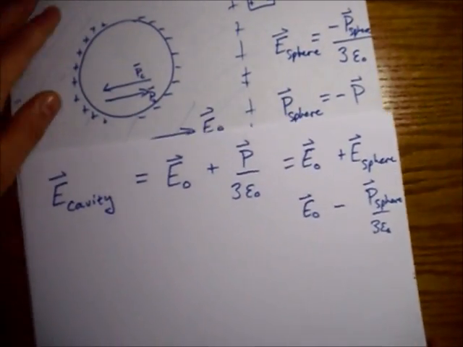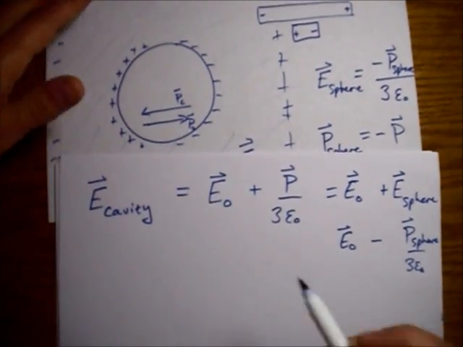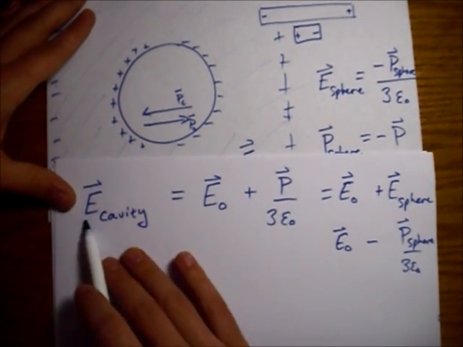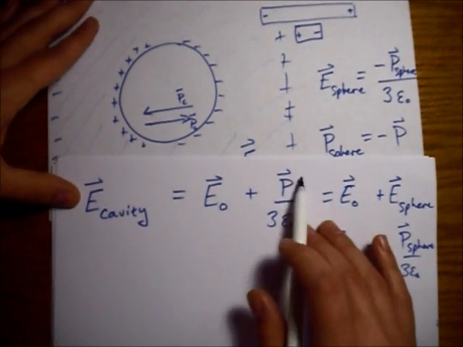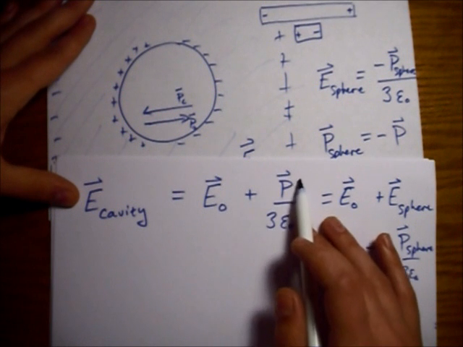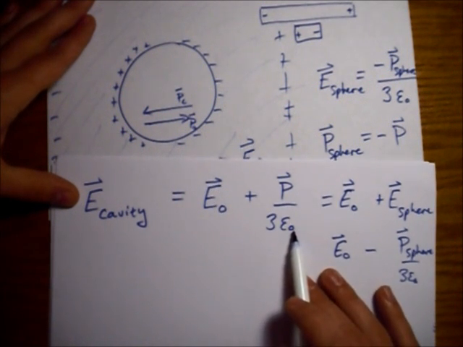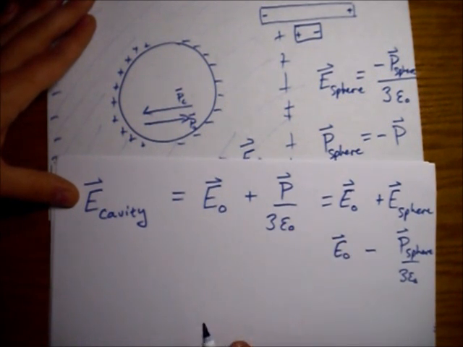Does this make sense physically? Well, we see here that the electric field inside the cavity is actually larger by this polarization over 3 epsilon naught term.